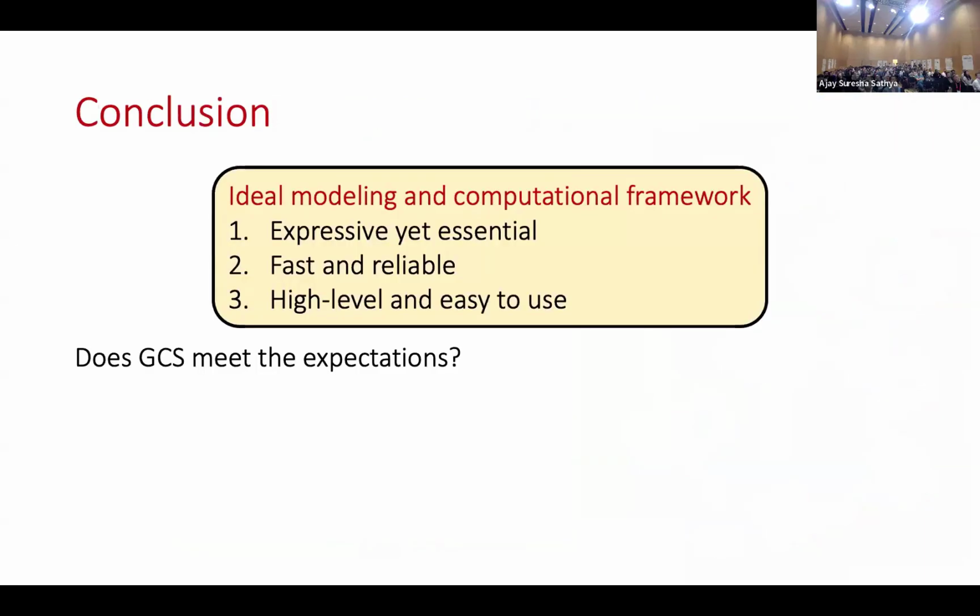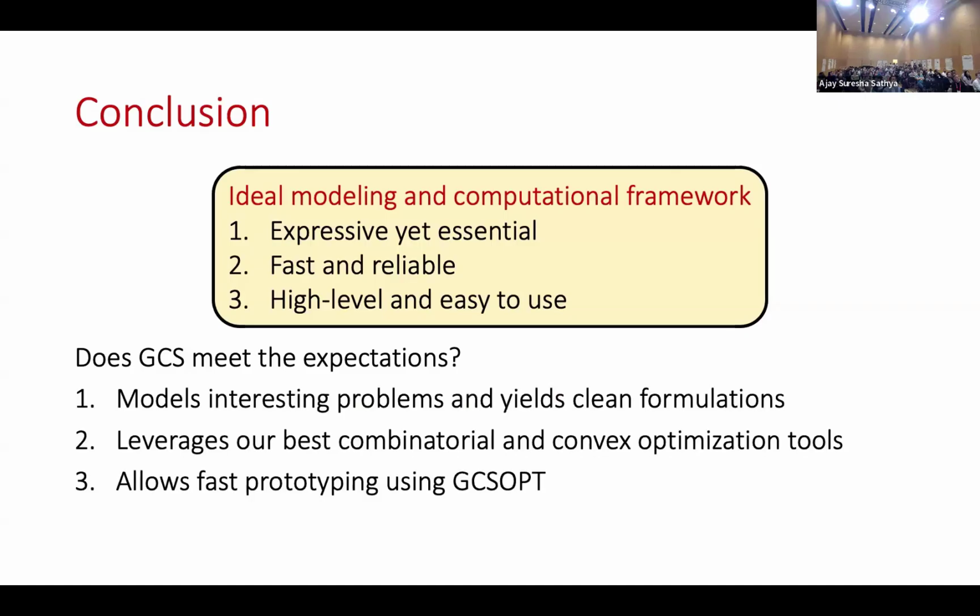So in conclusion, how does GCS perform in terms of the 3 requirements that we had at the beginning? Expressive and essential, fast and reliable, high level and easy to use. Well, I think it's not perfect, but it does a pretty good job in every direction. I hope I convinced you that it can model interesting problems in robotics, and it leads to clean mathematical formulations that we can really study formally.